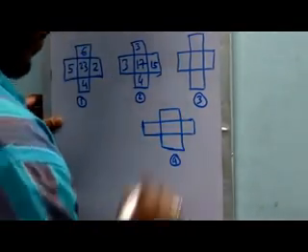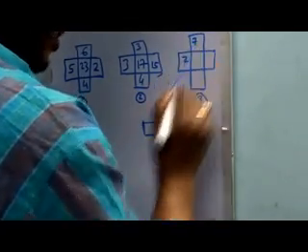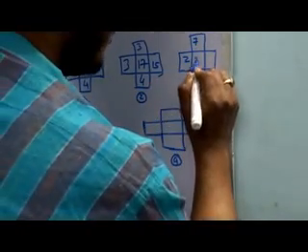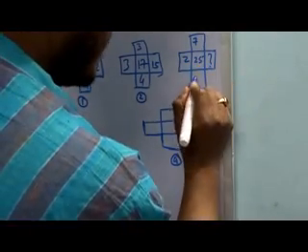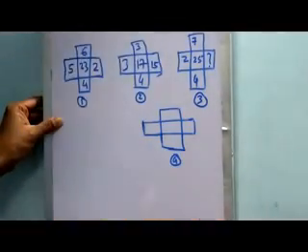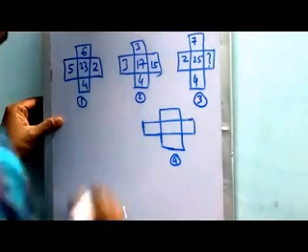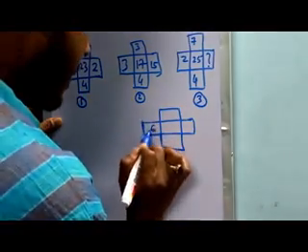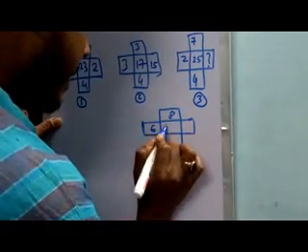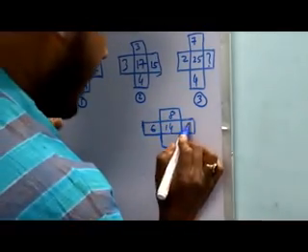In case of diagram 3, it's 2, 7, 25, question mark. We have to find which number will replace this question mark. Now in case of diagram number 4, it's 6, 8, 14, 8 and 1.